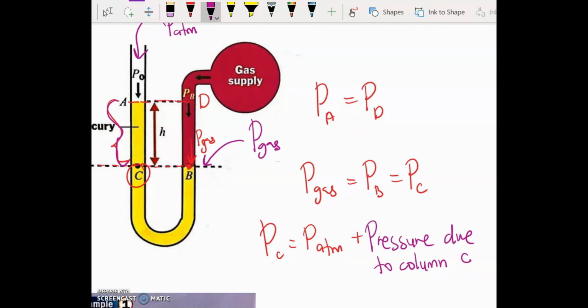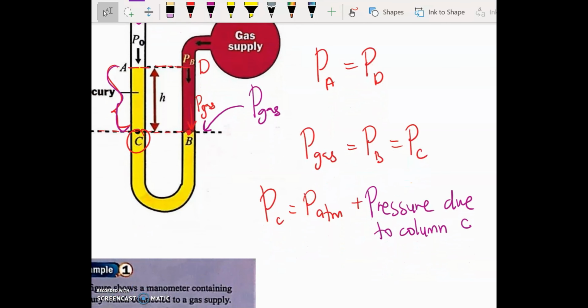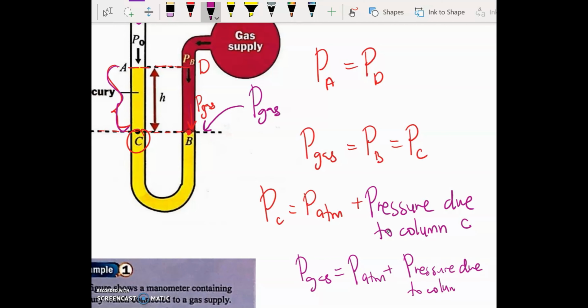So to find the gas pressure, it is equal to pressure at C, which is atmospheric pressure, plus pressure due to column AC.